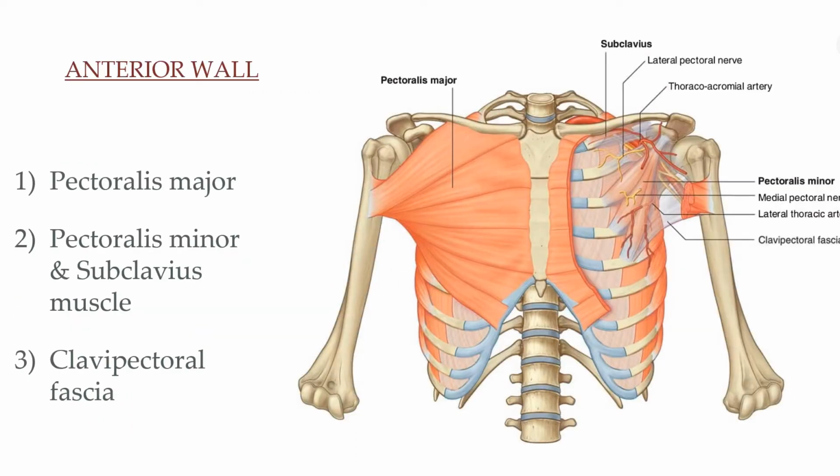Talking about the anterior wall of the axilla, if we proceed from superficial to deep, we have skin, superficial fascia, followed by pectoralis major covered by pectoral fascia, deep to which we have the clavipectoral fascia, which encloses two muscles, pectoralis minor and subclavius muscle.